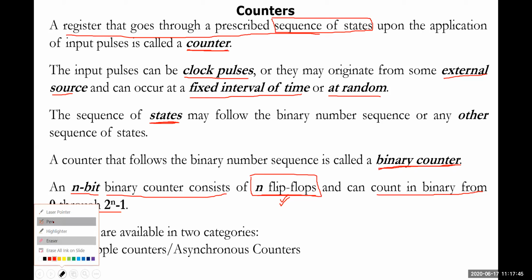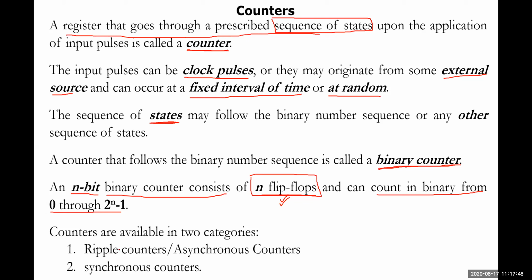What is the difference between the first category and the second category? A ripple counter or asynchronous counter, and the second point is the synchronous counter. What is the basic difference between these two? You need to remember one particular point here: counters will always be activated or affected based on the clock pulses, only based on the clock pulses.